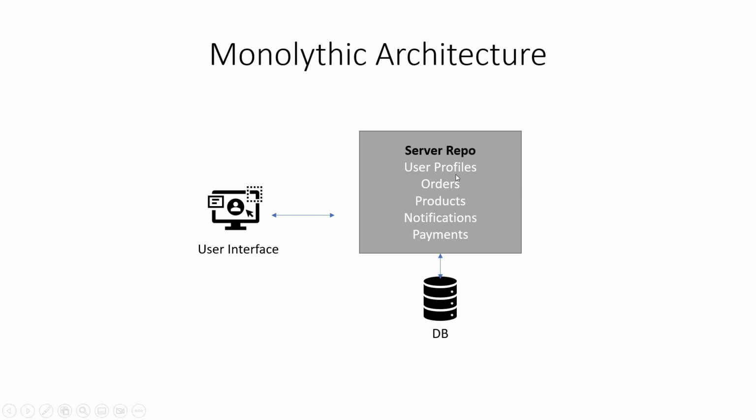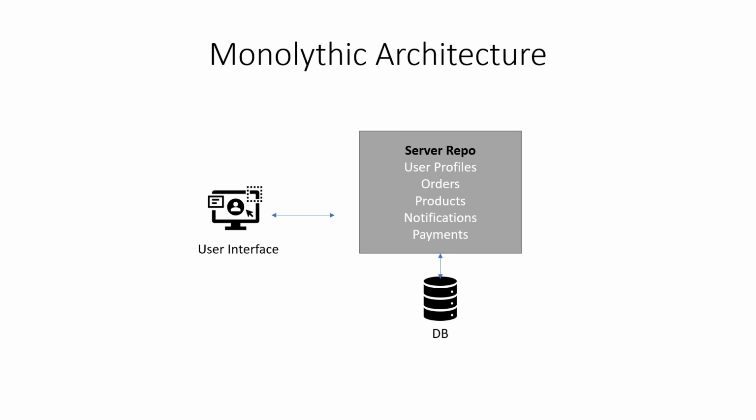You cannot say I want to update the technology stack for orders only. You need to update it for all your pages and modules. That is also difficult to change. Even if you want to update the DB for a particular module, you cannot do that. Everything is tightly coupled here.